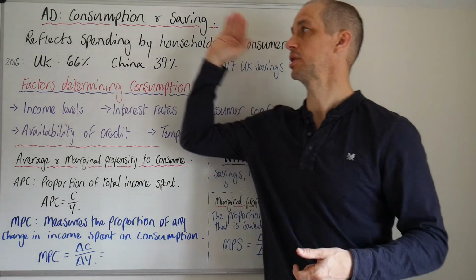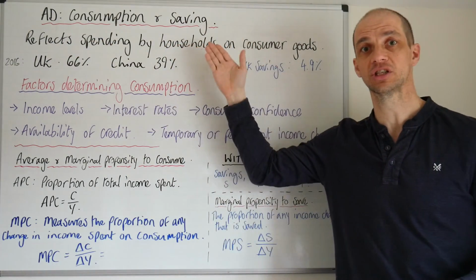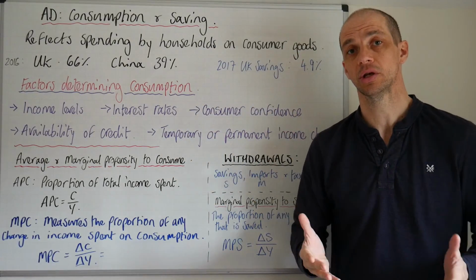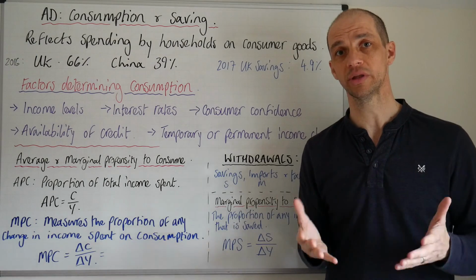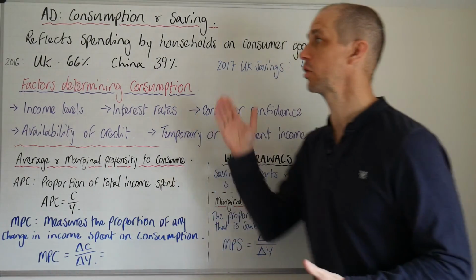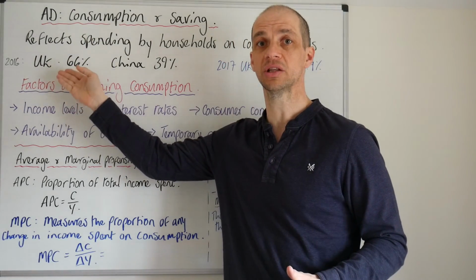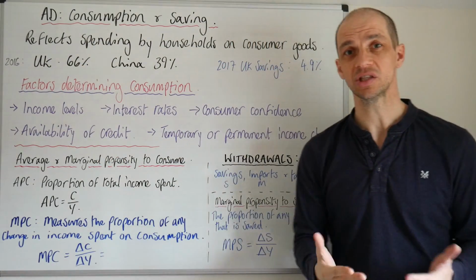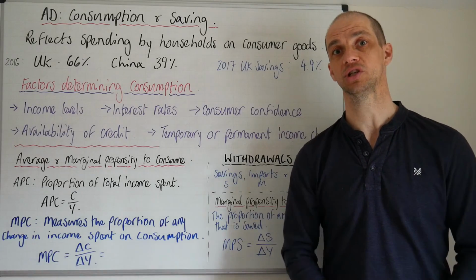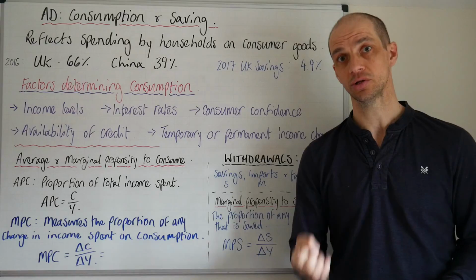But let's get started. So consumption of course reflects spending by households on consumer goods. Nice and straightforward. We saw this within our circular flow of income and that modelling there. Within the UK economy in 2016, 66% of UK GDP growth was attributed to consumption.